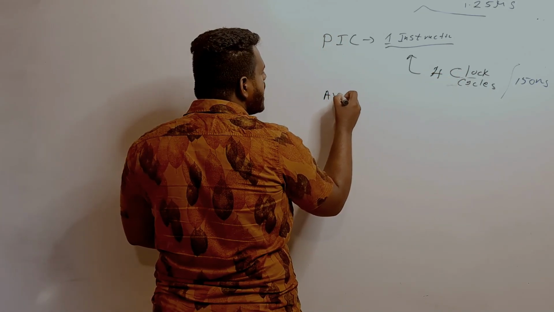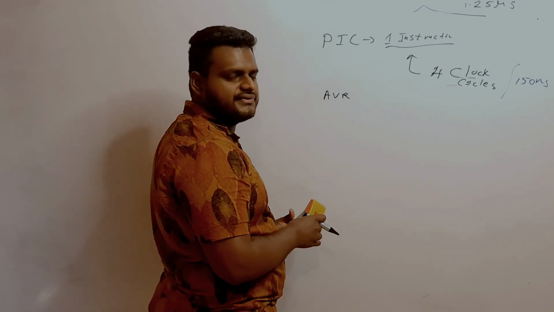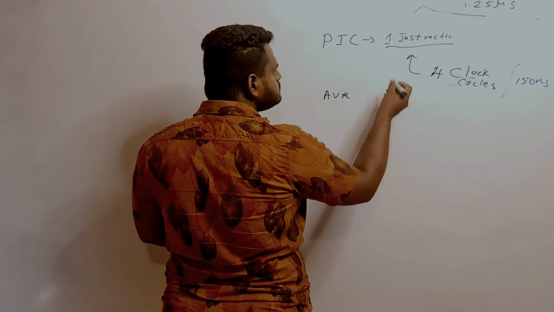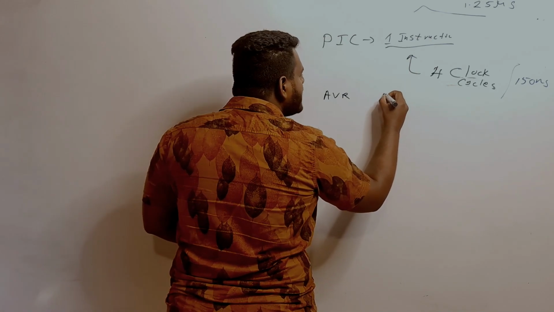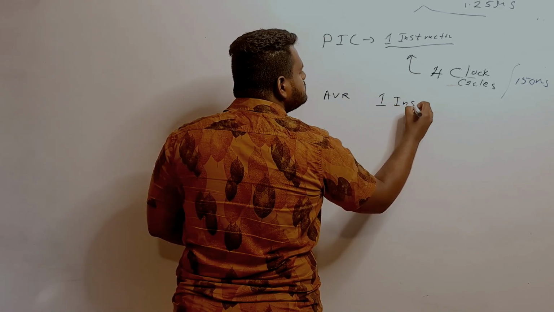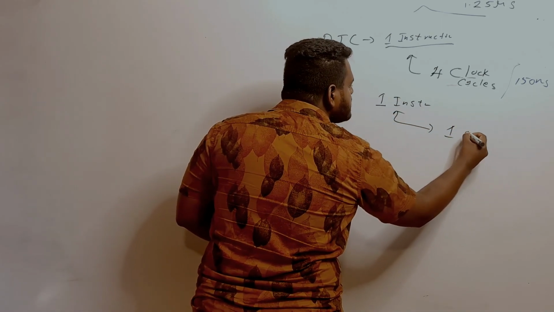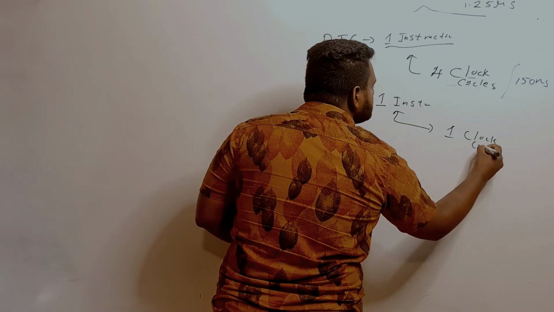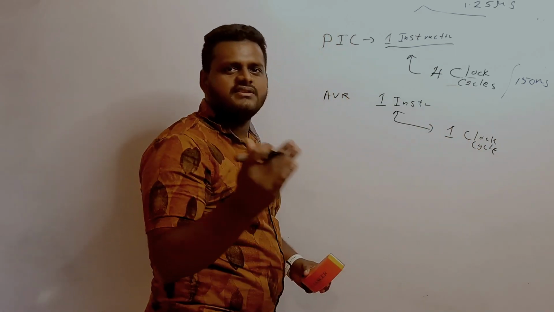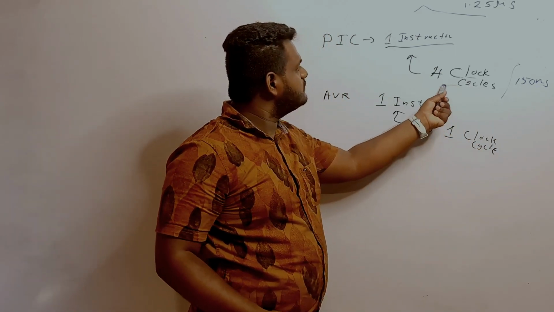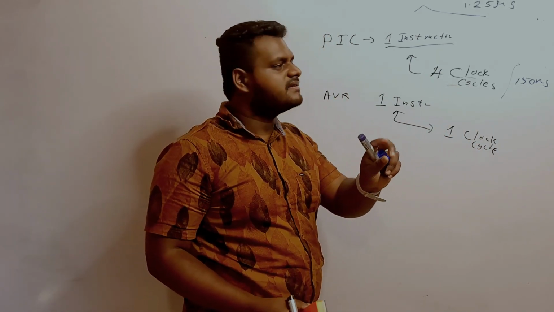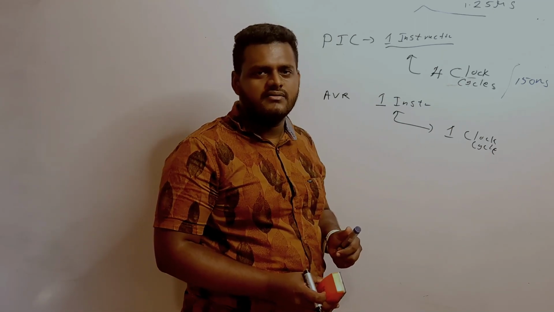In AVR type of microcontrollers, in my time, mostly to run one instruction we need only one clock cycle. So definitely now you know this one takes 4 clock cycles, but this one is only 1 clock cycle.